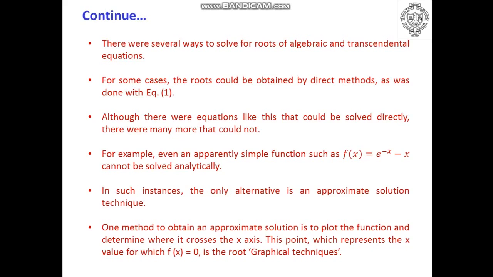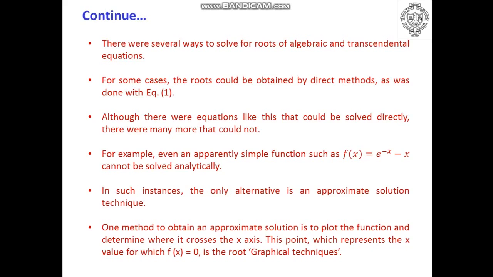For example, even an apparently simple function such as f of x is equal to e raised to minus x minus x cannot be solved analytically. So in such instances, the only alternative is an approximate technique.